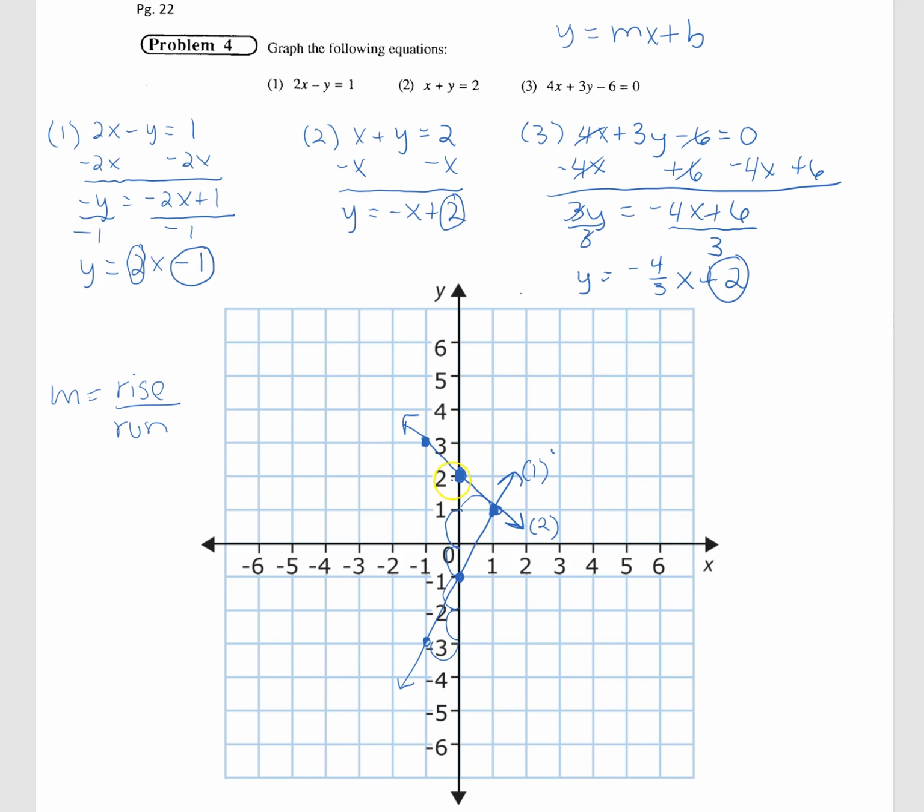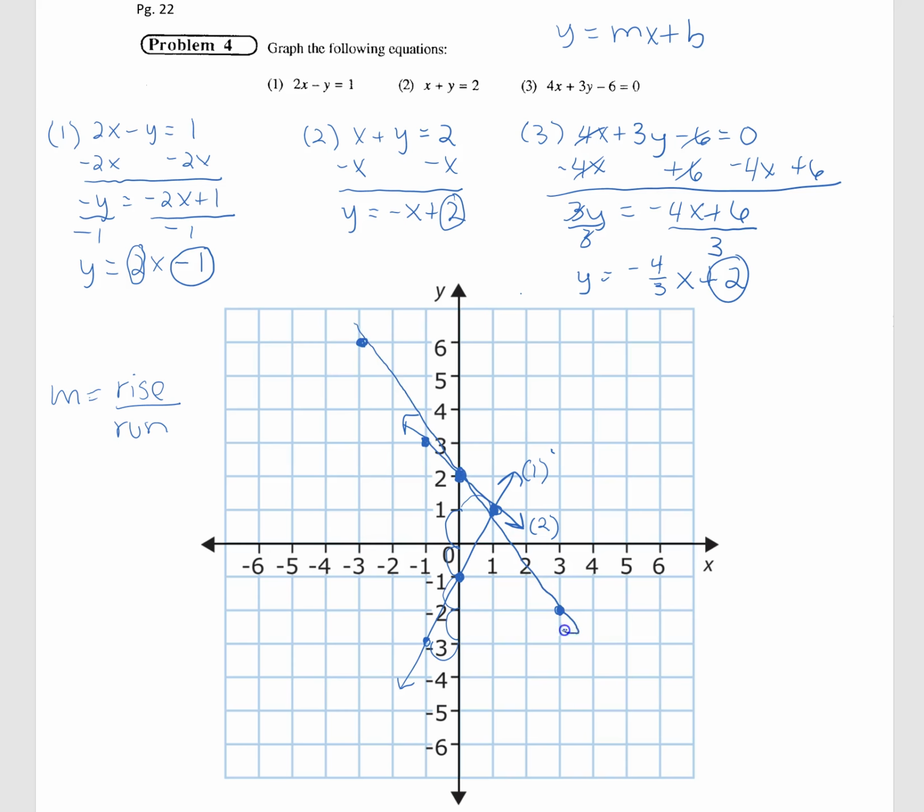So I'm going to go down 1, 2, 3, 4, and across 1, 2, 3 to give me this point here. And going backwards, I'm going 1, 2, 3, 4, 1, 2, 3. And this is another point on this line.